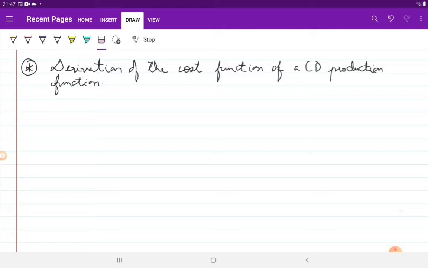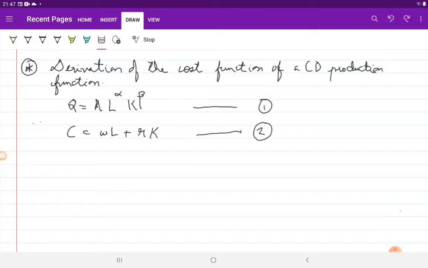Now the information already with us is that the production function follows a Cobb-Douglas formula represented by Q is equal to A times L to the power alpha K to the power beta.